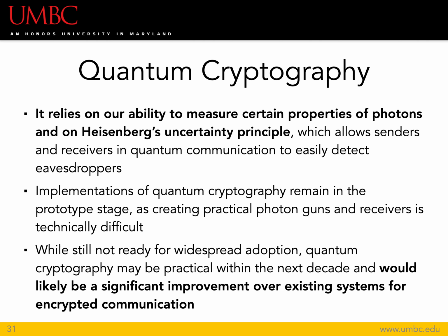Because as soon as something is measured, it becomes certain, right? The quantum superposition of the various qubit states becomes certain. It's resolved as soon as somebody tries to observe it. So quantum crypto can take advantage of this feature of quantum computers to make eavesdropping almost trivially easy to detect.